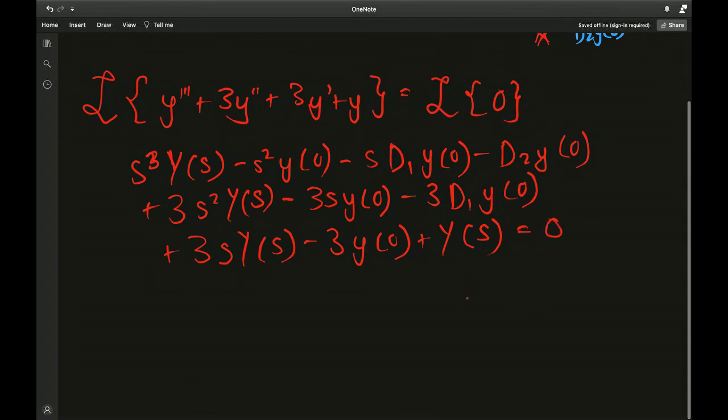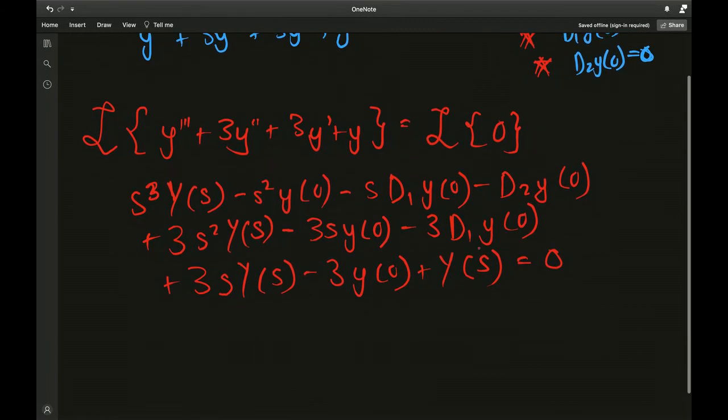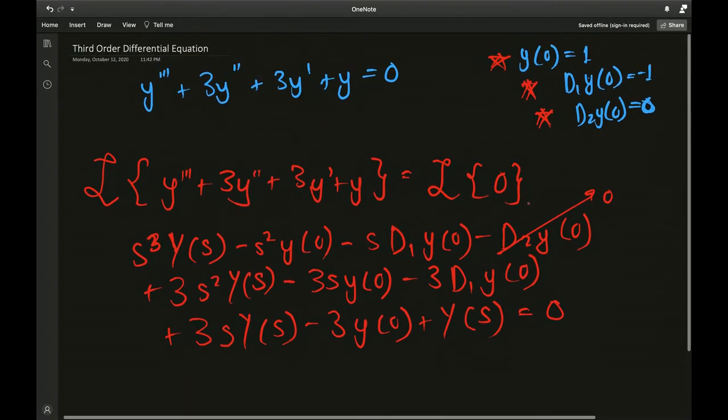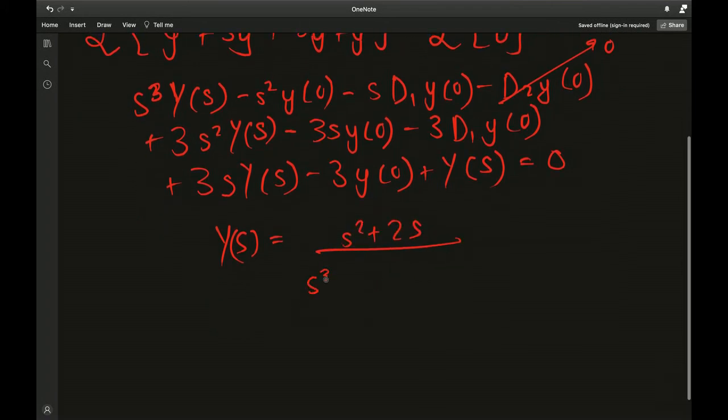Now, using these constraints and cancelling out the terms, especially the second derivative terms, we can simplify even further and make capital Y of s the subject of the equation to get s squared plus 2s divided by s cubed plus 3s squared plus 3s plus 1.